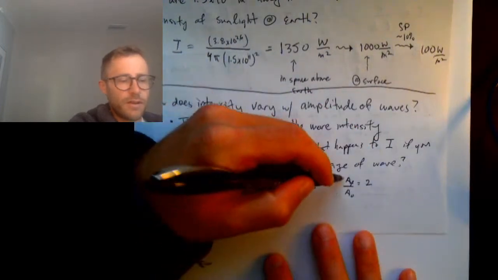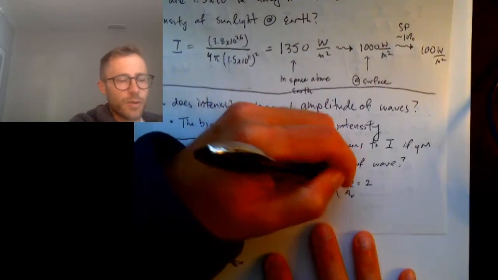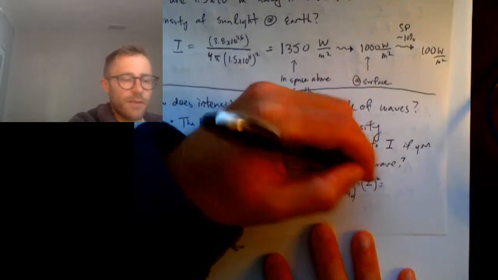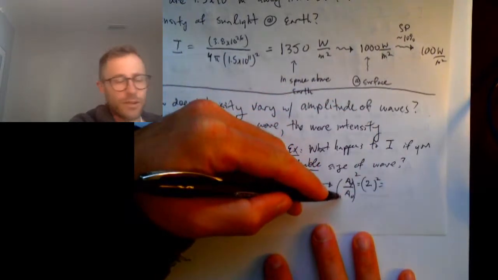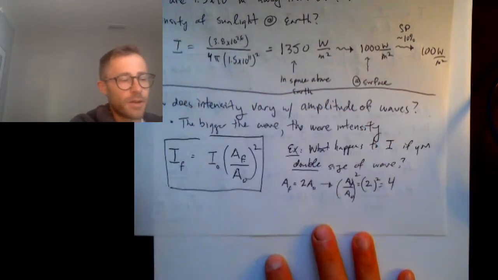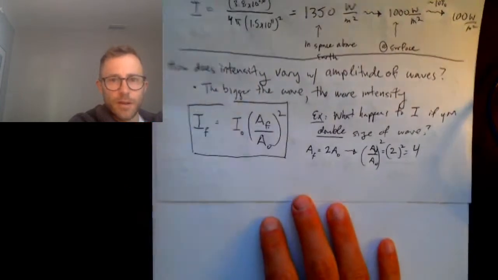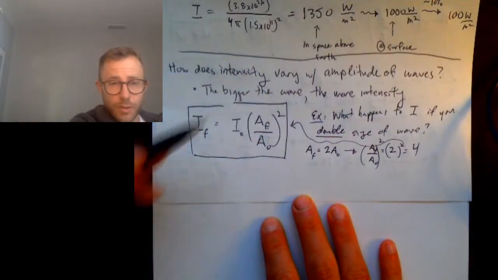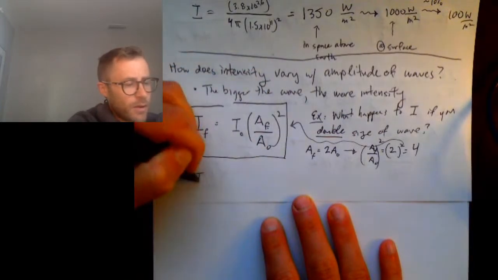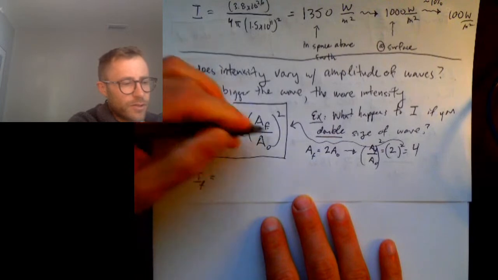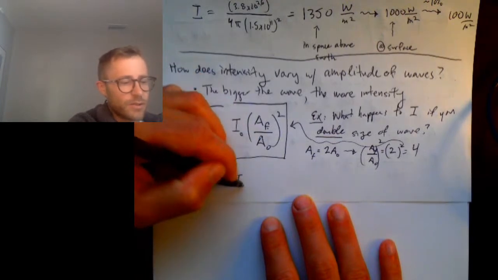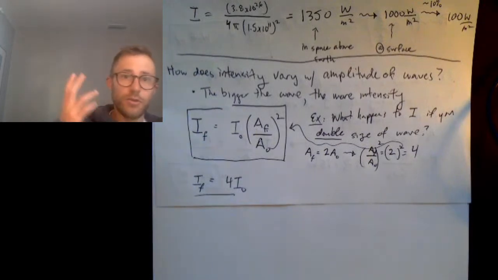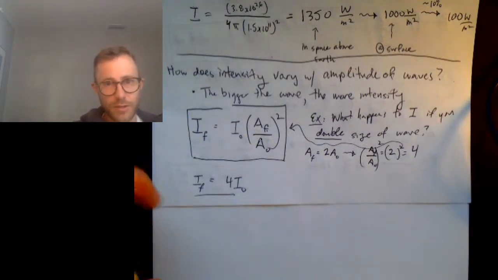And then if I square both sides of that, I get A final squared over A initial squared is 4. All right. So plugging that back into this equation, the final intensity is going to be 4 times the initial intensity. So if you double the size of the wave, you get actually 4 times the intensity.